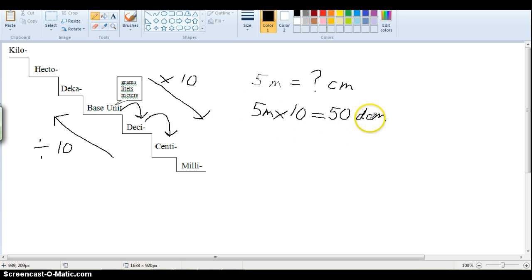decimeters. Well, that should be a C there. Now, let's see, we have 50 decimeters.